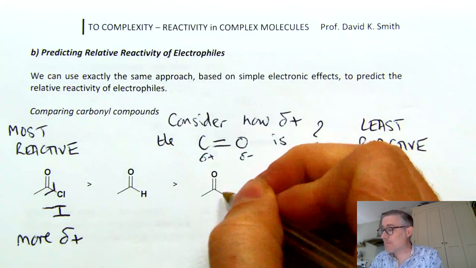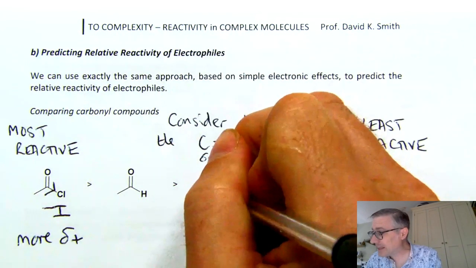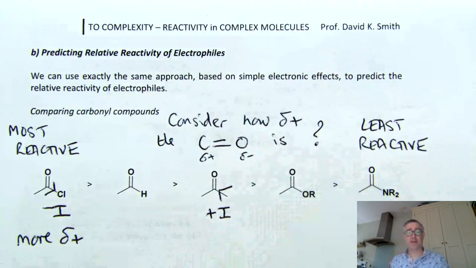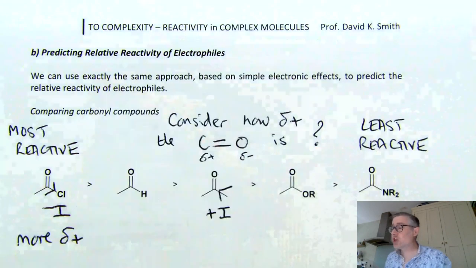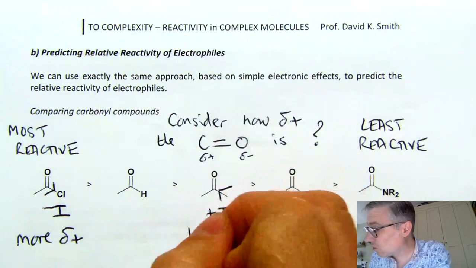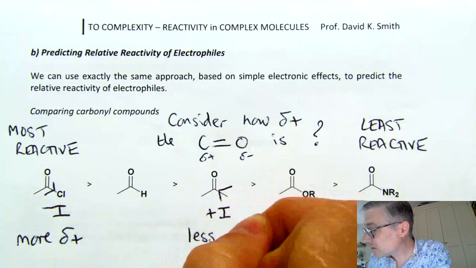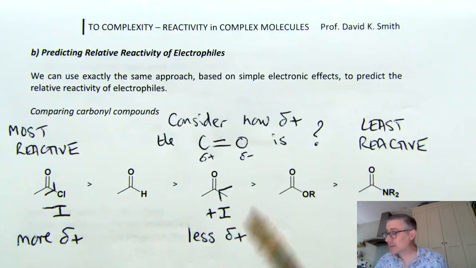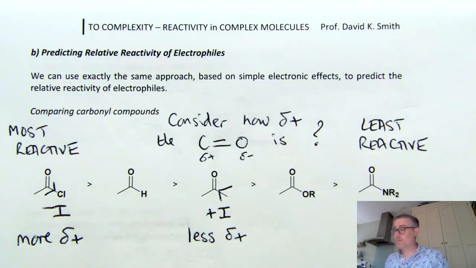When we get to having a methyl group on here, a ketone, there's now a plus I inductive effect. What that's doing is pushing electron density towards the carbon, making it less delta plus, less reactive towards a nucleophile.